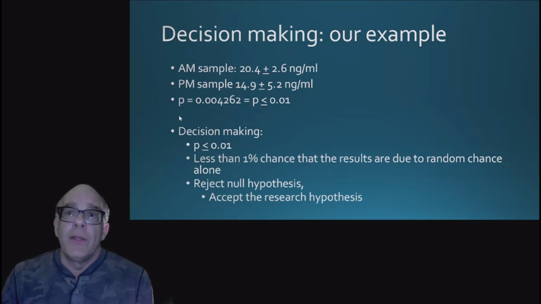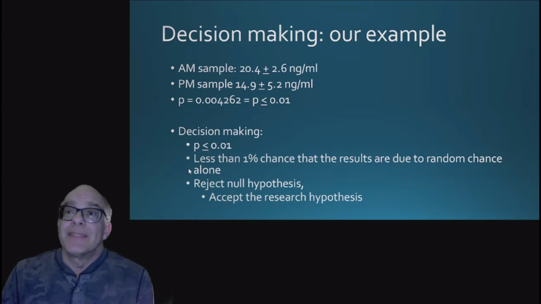We had a p-value based on our two-tailed paired t-test of 0.04, and we can summarize that as saying we have a p-value less than or equal to 0.05, or in this case 0.01, a little bit more significant difference between the groups. In terms of decision making, we're looking at a p-value less than 0.01.